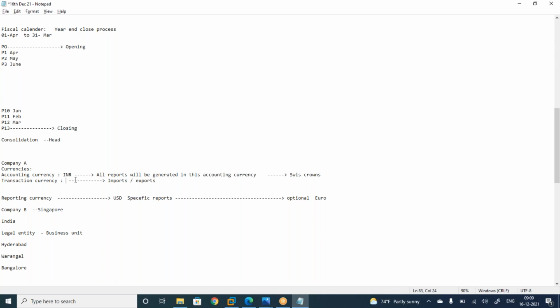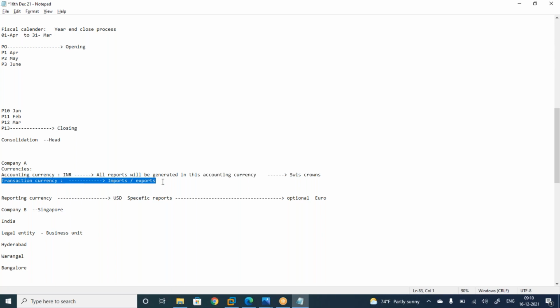Sir, suppose we have done the configuration initially when the company started, and they were not doing import and export. At a later stage they started doing imports and exports. In the middle of the session, can we change the transaction currency? Can we modify that in the system? Transaction currency is not a fixed one at all. Only accounting currency and reporting currency will be fixed.